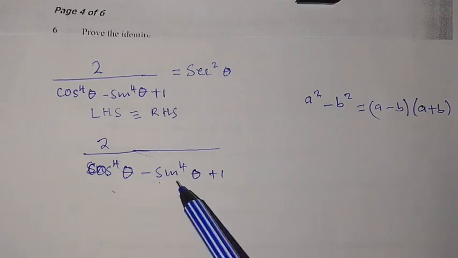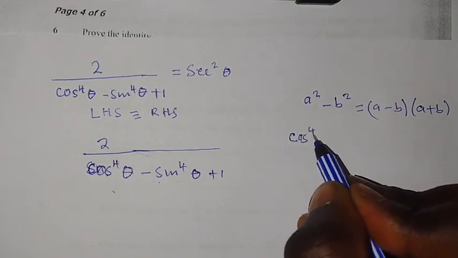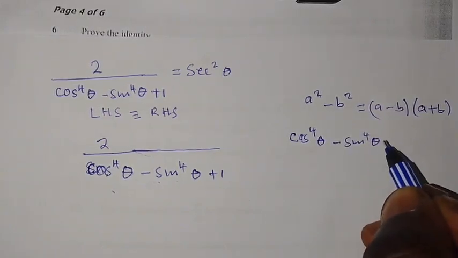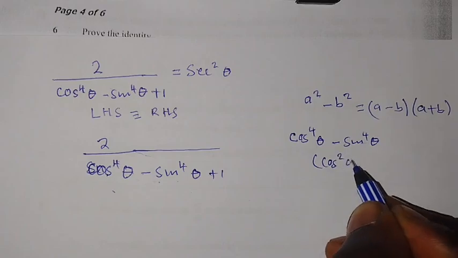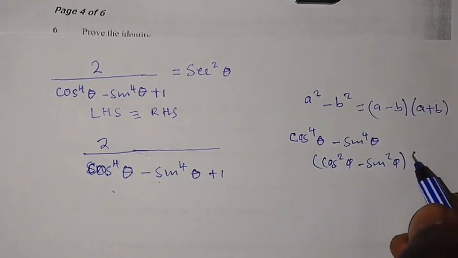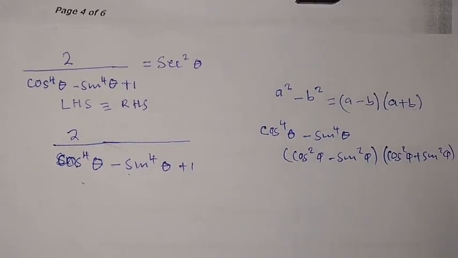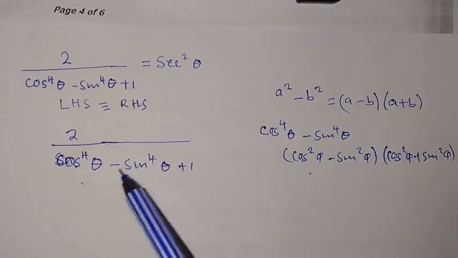Just this part alone, we can write as cos squared theta minus sine squared theta in brackets, again, cos squared theta plus sine squared theta, such that when we expand this, we get this part right here.